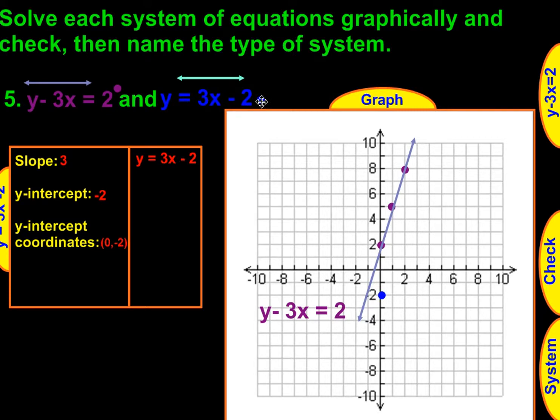And our slope is the same as it was before. So we go up 1, 2, 3, and 1 to the right. And that should be enough points for us to be able to lay out the line.